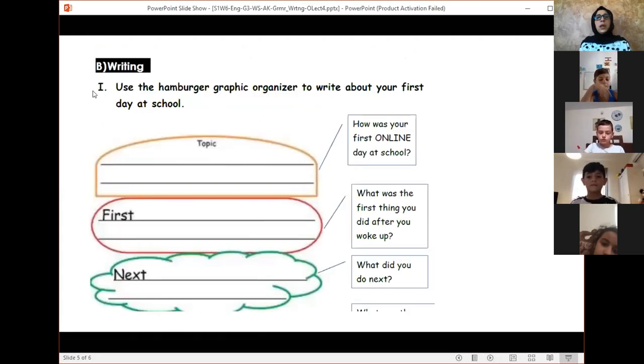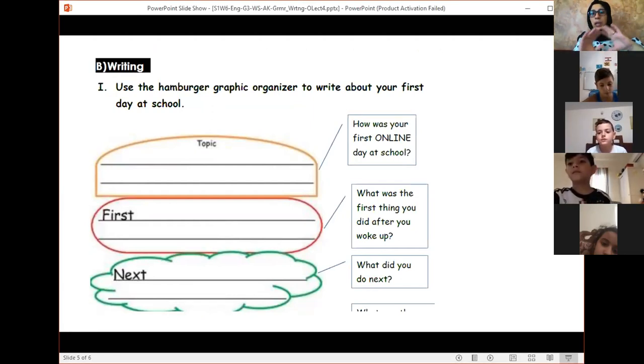Okay, so in this one, I explained in the video that in order to write a paragraph, just imagine you are making a hamburger sandwich. For the hamburger sandwich, you need the top bun and the bottom bun, right? The bread. So in a paragraph, the top bun is the topic sentence and the bottom bun is the finishing sentence or closing sentence.